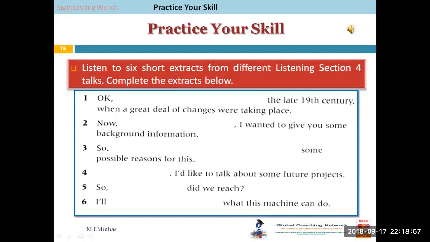Recording 31. 1. OK, let's move on to the late 19th century, when a great deal of changes were taking place. 2. Now, first of all, I wanted to give you some background information. 3.